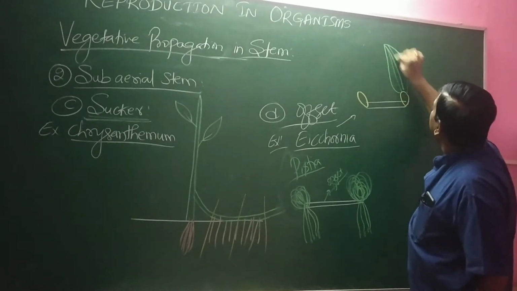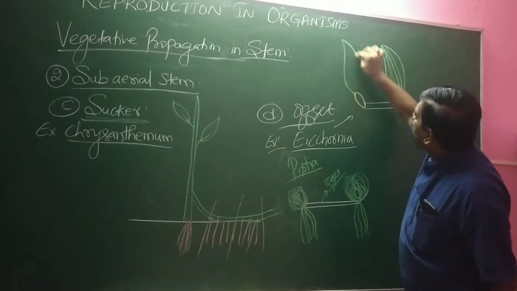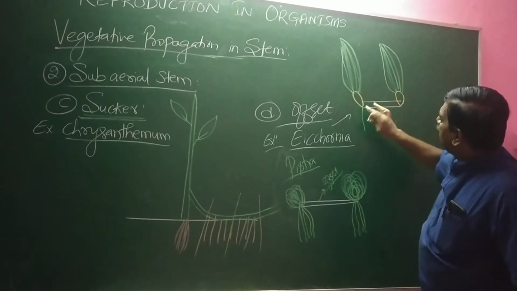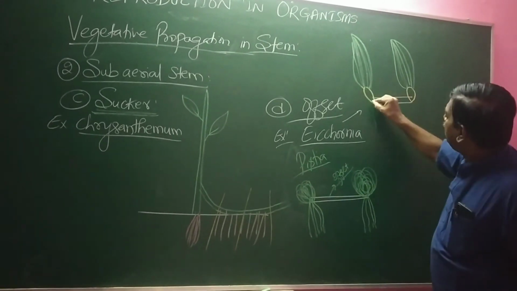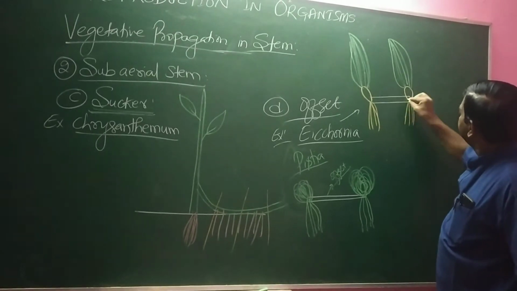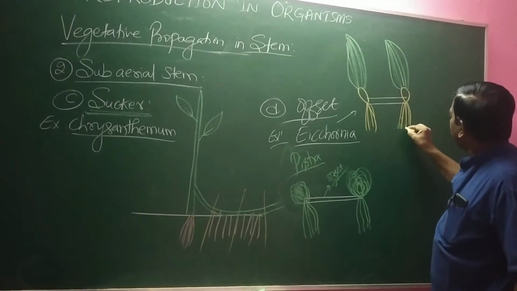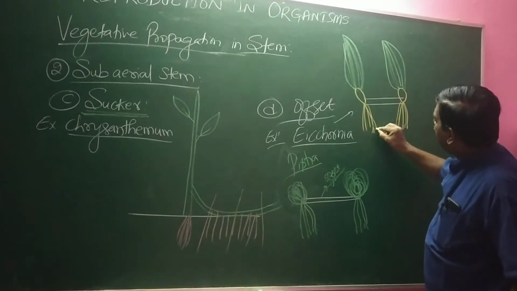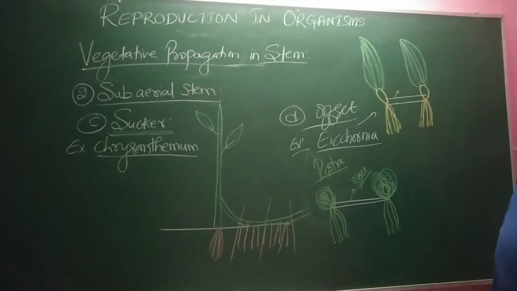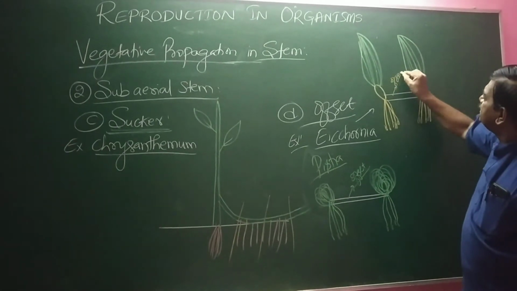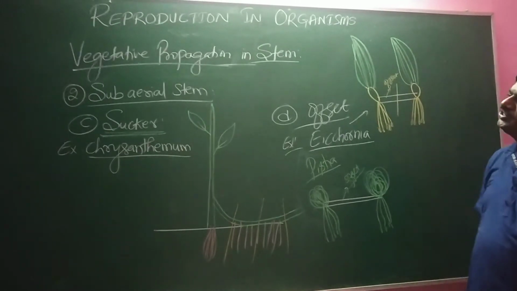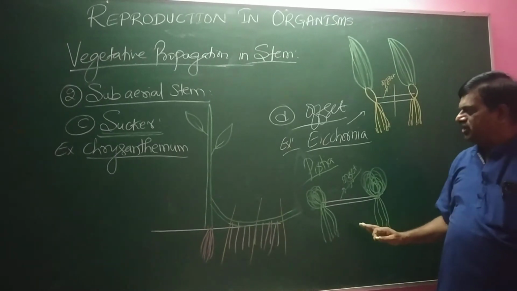In the terror of Bengal, the leaves are bigger like this, and there are roots with root pockets, and these root pockets help in buoyancy. Root pockets are filled with air and help in buoyancy, and here the stem is horizontal to the water surface, and it is called offset. When it is cut, it gives rise to a new individual, hence it is also called vegetative propagation.